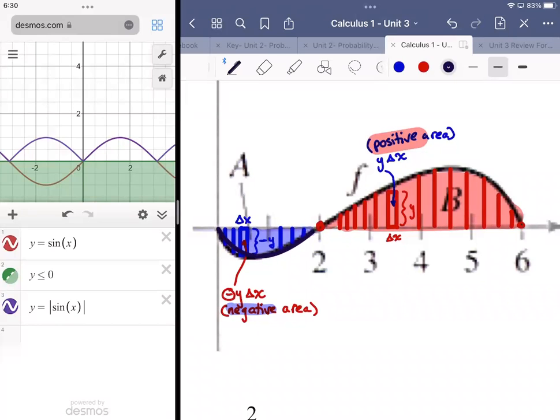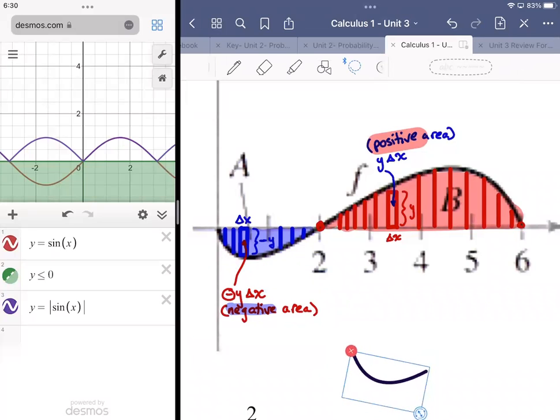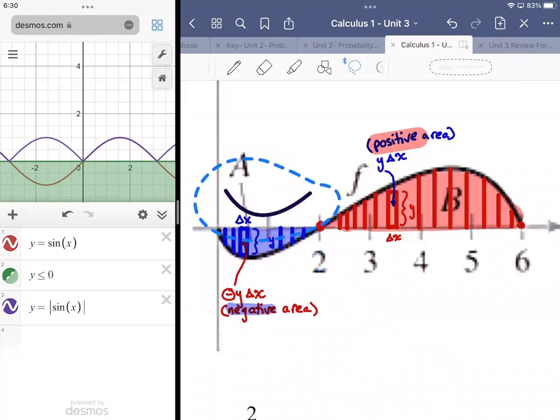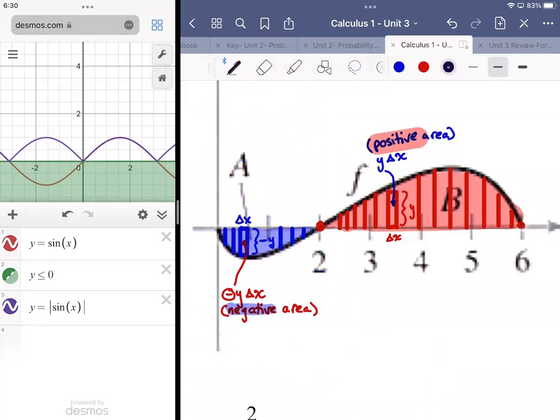So this piece here needs to come on up. I don't know if I can grab it. Well, maybe I can. I can't. It doesn't let me flip. All right, well, this piece here needs to get flipped over and put on the top end. That's the one drawback in this app.